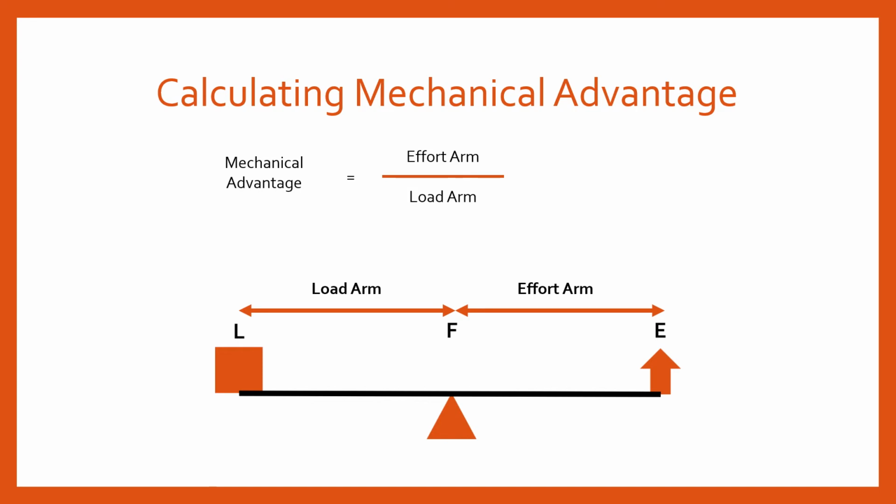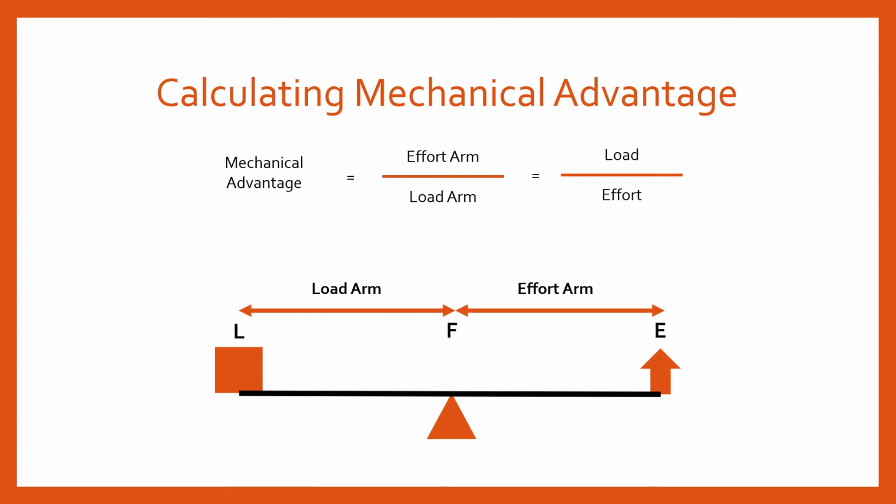Now, as a quick aside, you will see some textbooks and experts referring to mechanical advantage as load divided by effort, and others defining it in the way that I've just defined it, as length of effort arm divided by length of load arm. And it's just because of the wonders of trigonometry, which we're not going to get into. It's trigonometry that means it's possible to use the length of the effort arm as a proxy or stand-in for the load, and the length of the load arm as a stand-in or proxy for the effort.